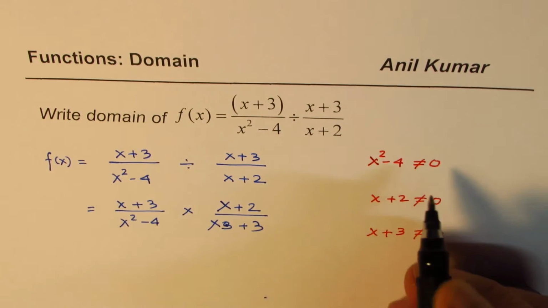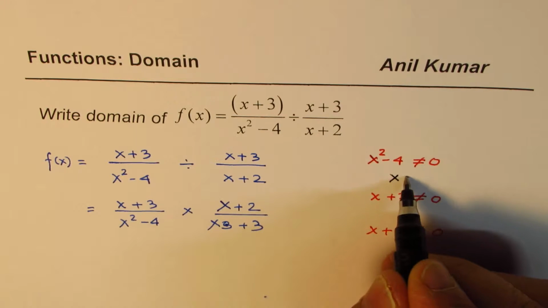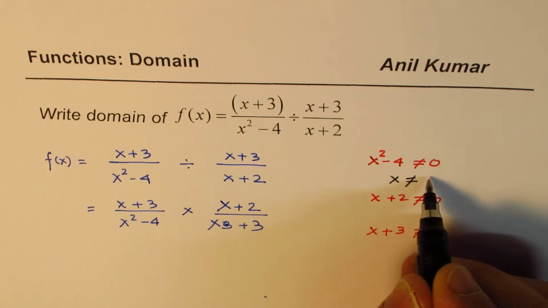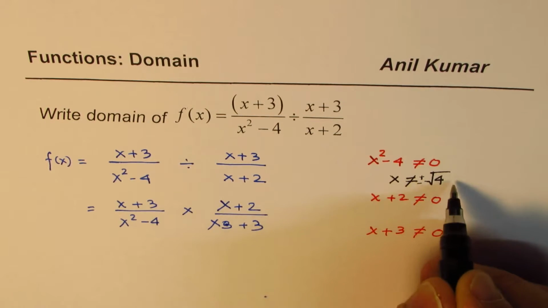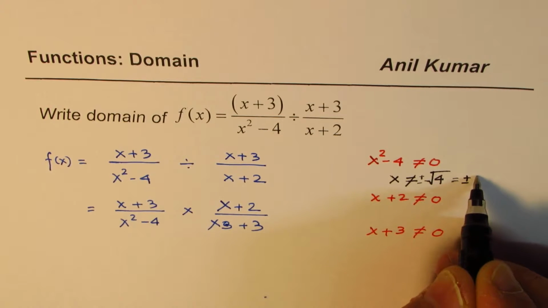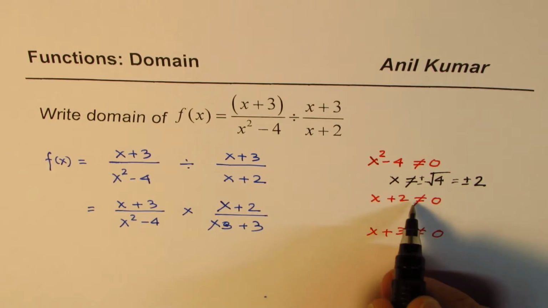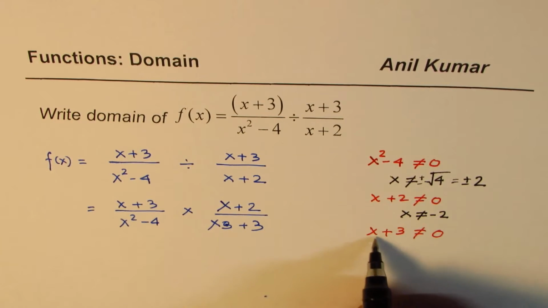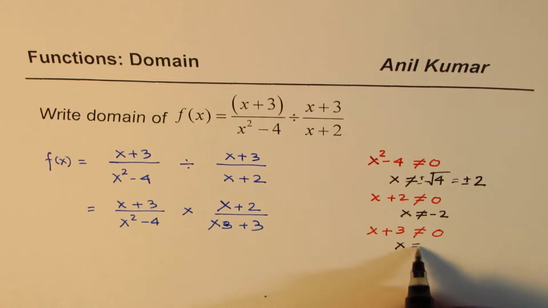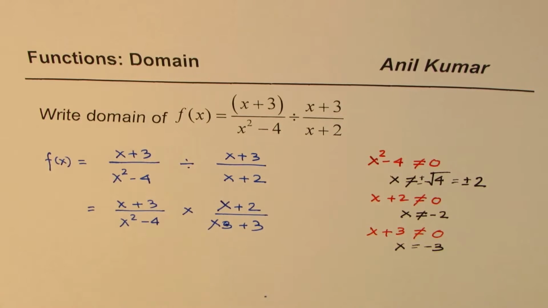X square minus 4 not equal to 0 gives us x is not equal to the square root of 4. And whenever you take a square root, you have to take plus and minus, and that gives you plus minus 2. X plus 2 not equal to 0 means x is not equal to minus 2, and x plus 3 not equal to 0 means x is not equal to minus 3, right?